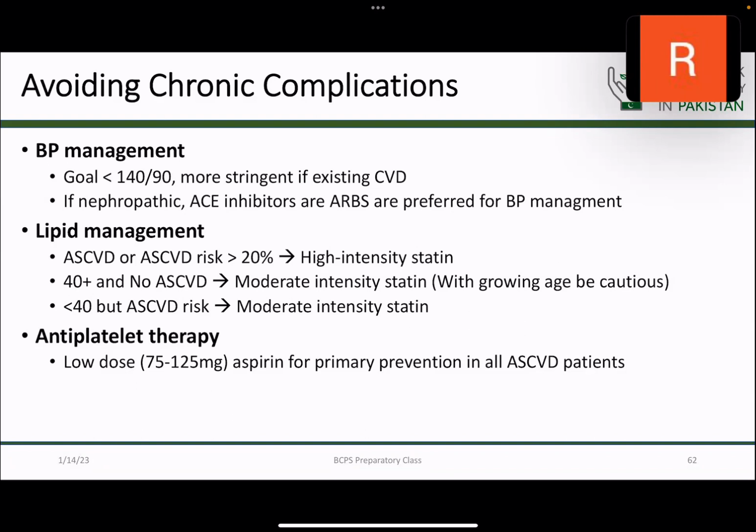If the patient has nephropathies, ACE inhibitors and angiotensin receptor inhibitors are preferred for BP management. So you have to consider management of blood pressure in diabetes, because if the patient is diabetic with hypertension, the microvascular and macrovascular complications come early. So that's why you have to manage the blood pressure.